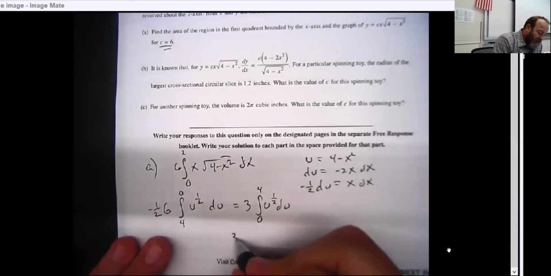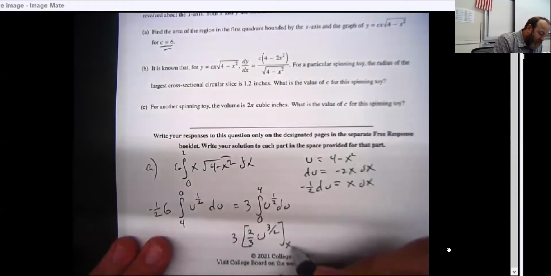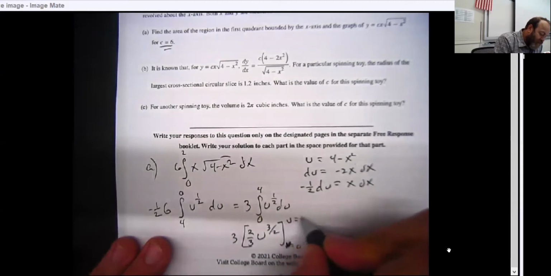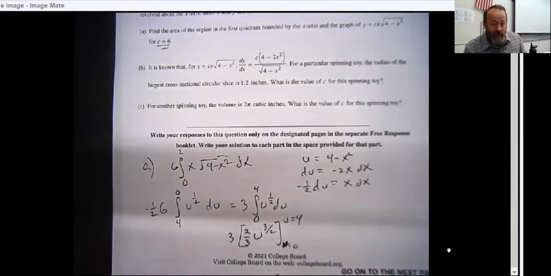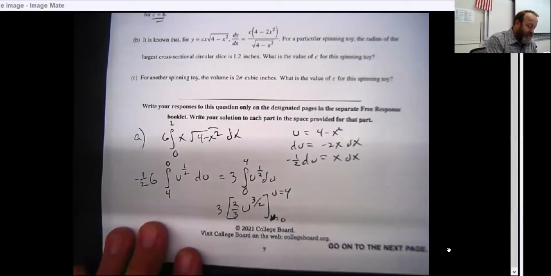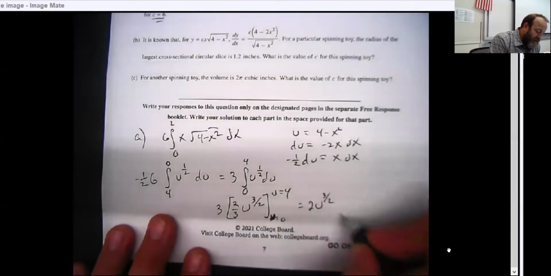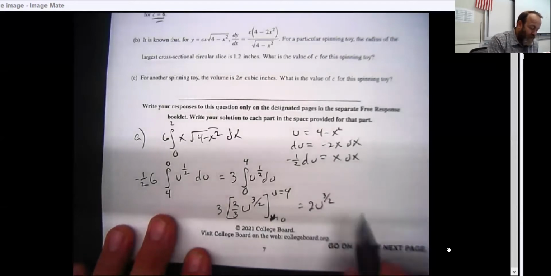Now that allows me to do a u to the 3/2 with a 2/3 in front, and we're going to evaluate that from u equals 0 to u equals 4. Now again, this is not a calculator active session, but this is nice because we're losing 0. So we just have to figure out what 2u to the 3/2 is if we allow u to be 4.